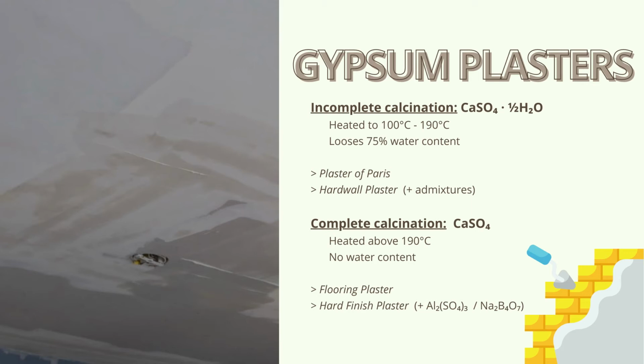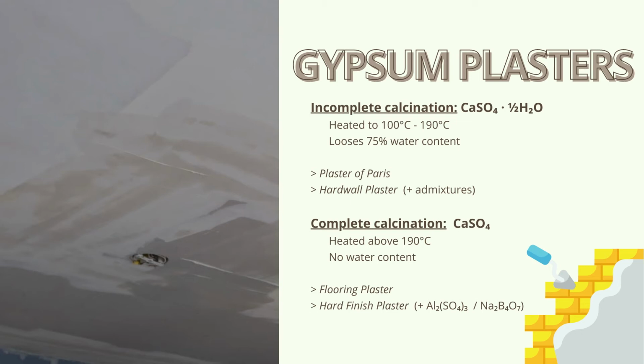Here, gypsum is heated to temperatures between 100 and 190 degrees Celsius, and consequently loses 75% of its water content. This produces calcium sulfate hemihydrate, otherwise known as plaster of Paris. This can be used for casting ornamental plasterwork and as an added fire-resistant coating for wood and metal.